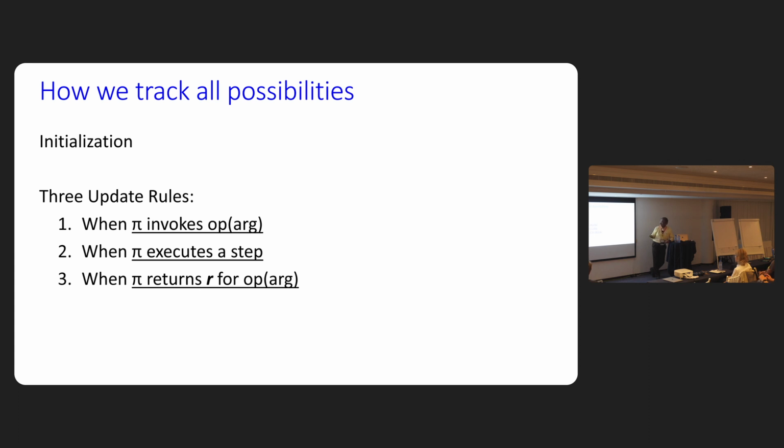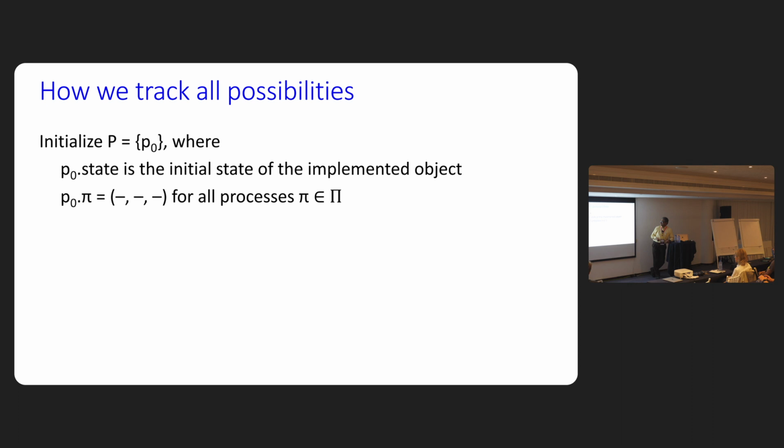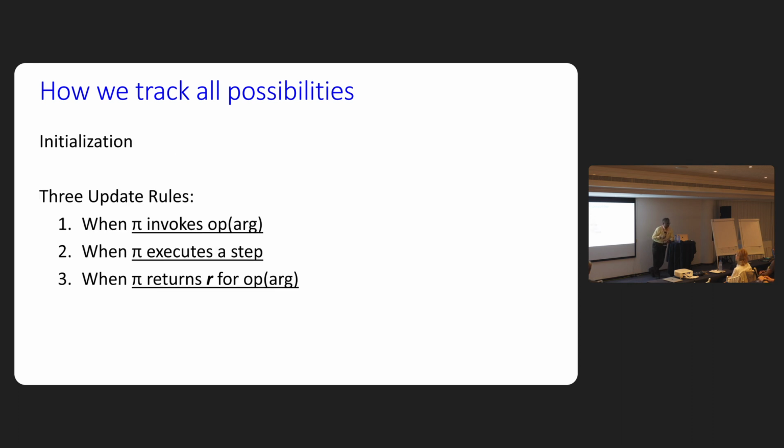Now, what is the initialization? What do you expect the initialization to be? How many possibilities are there in the beginning? Just one, because the object is in some state, and all the processes are idle.